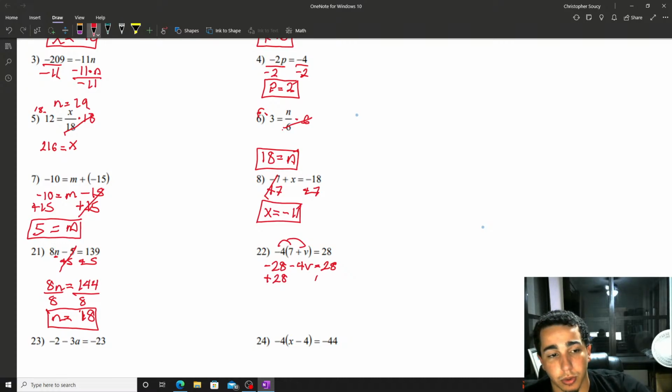So we're going to add 28 on both sides. And we're going to get negative 4v equals 28 plus 28, which is 56. To get v by itself, we're going to divide each side by negative 4. And finally, we'll get that v equals 56 divided by negative 4, which is negative 14.